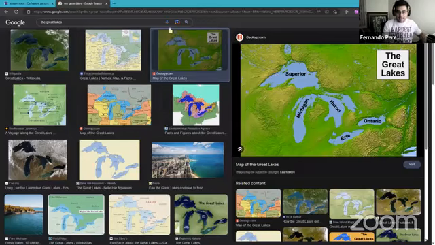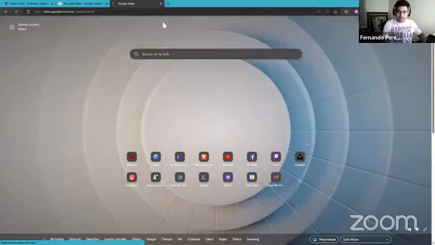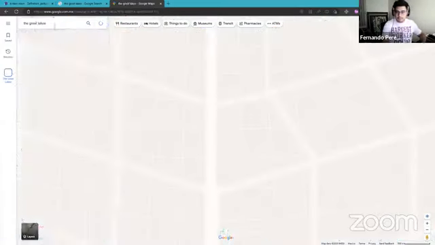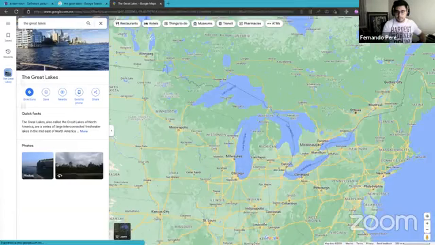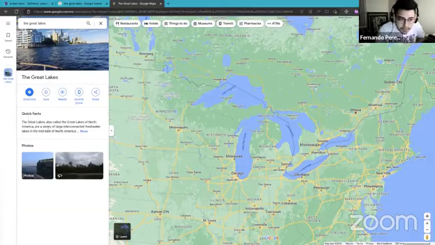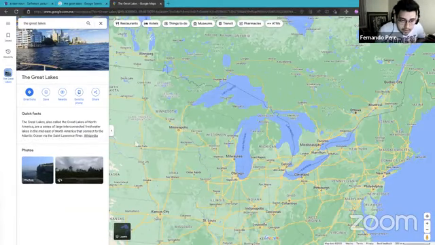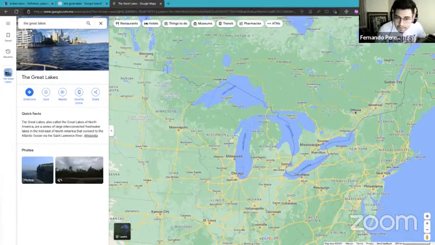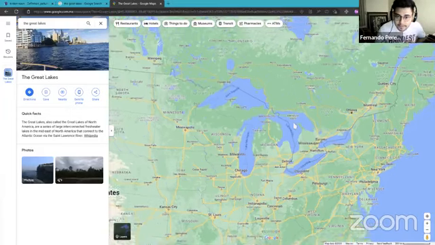Let's check where it is. The Great Lakes are in North America, connected to the Atlantic Ocean via the St. Lawrence River. These are the Great Lakes.